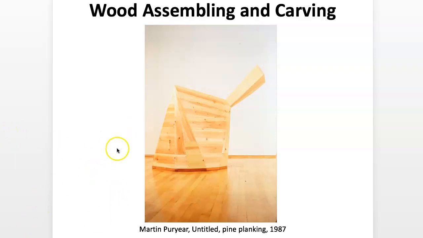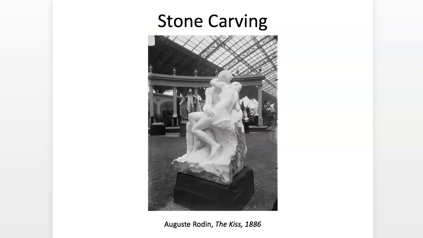I want to quickly talk about what I'm saying here when I say assembling and carving. So assembling is when you're joining preformed pieces of material. It's different from carving and modeling, both of which are forming it out of a homogeneous mass. This is basically the same for every type of sculpture that uses carving, even wood.